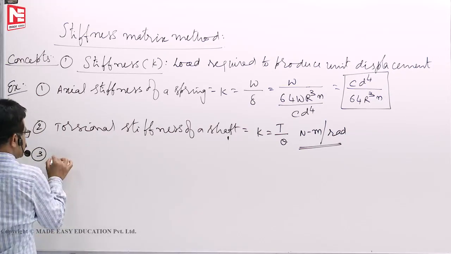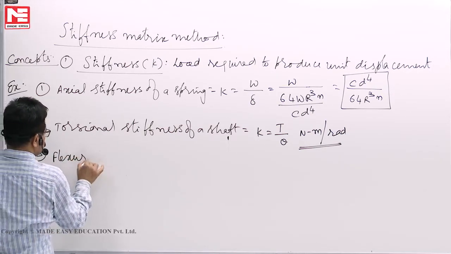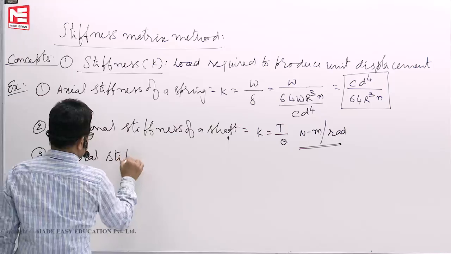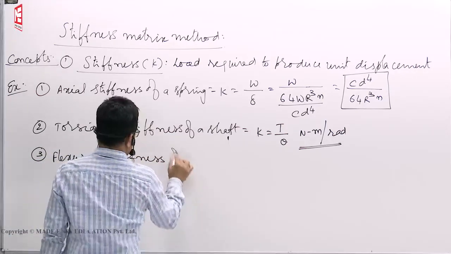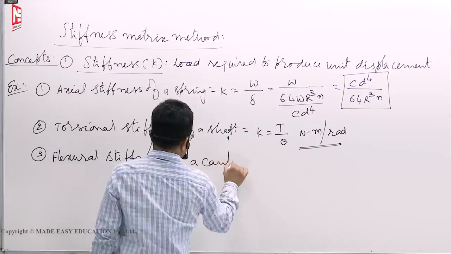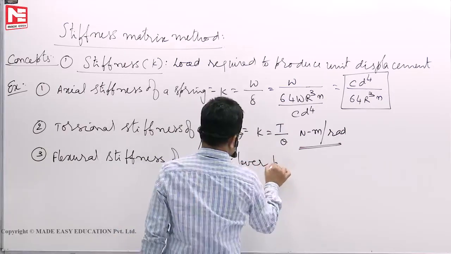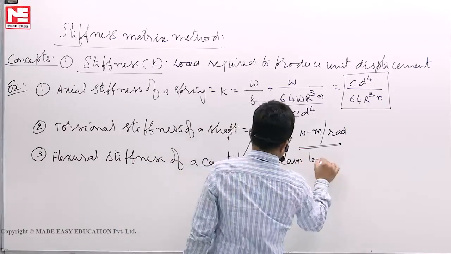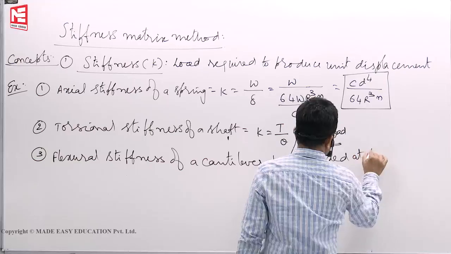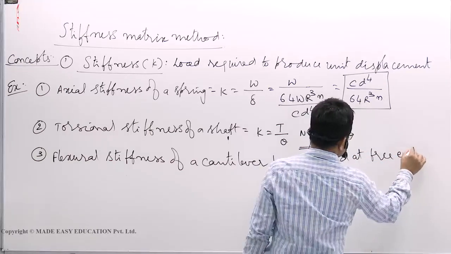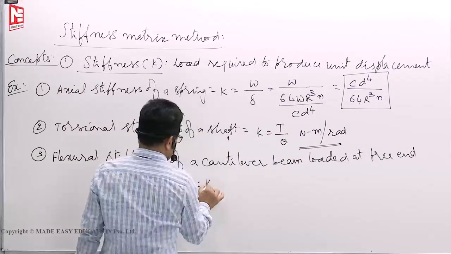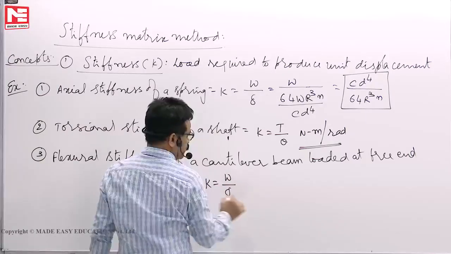Then you have studied the flexural stiffness of a beam. Flexural stiffness of a cantilever beam loaded at the free end. K is equal to W by delta.